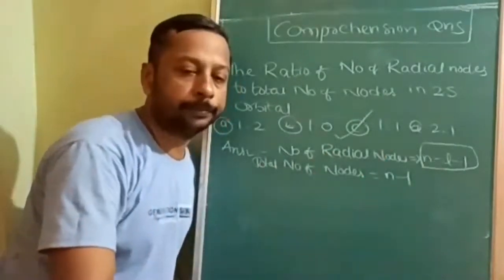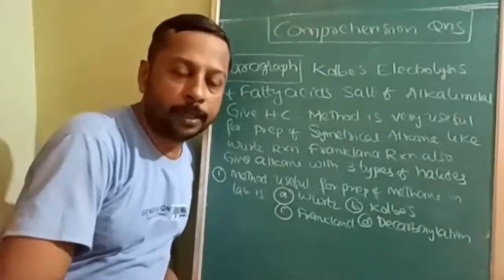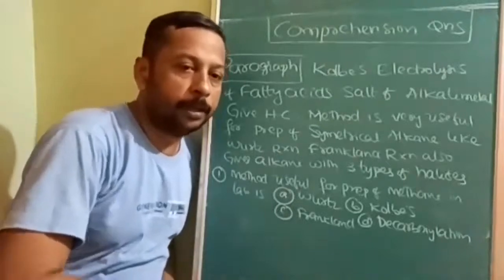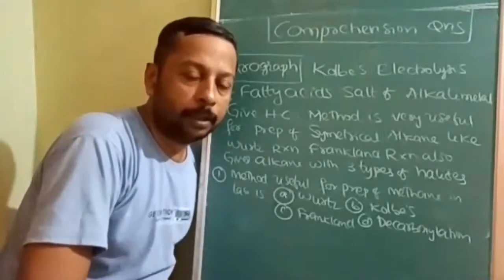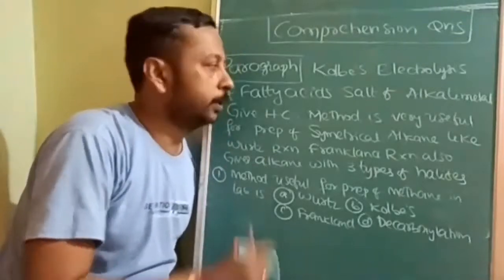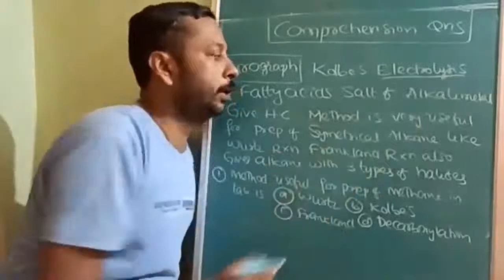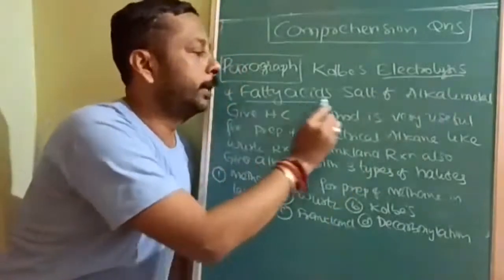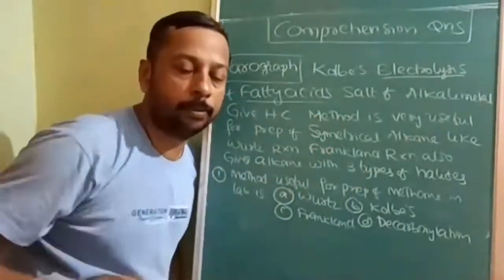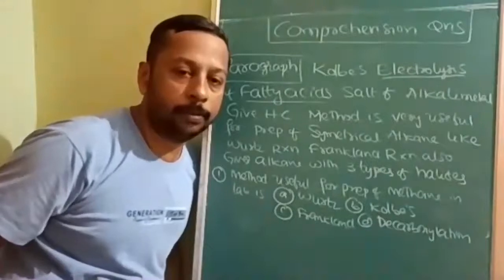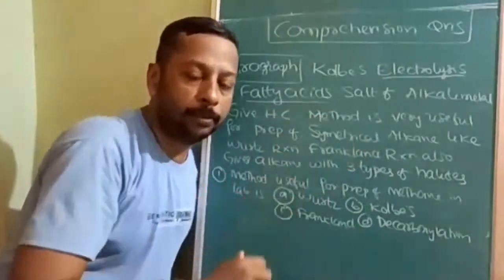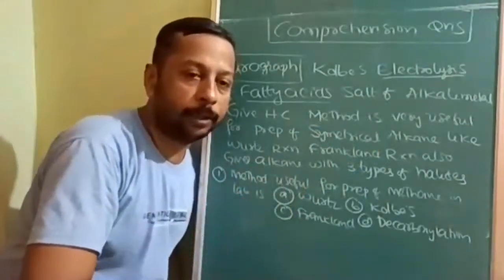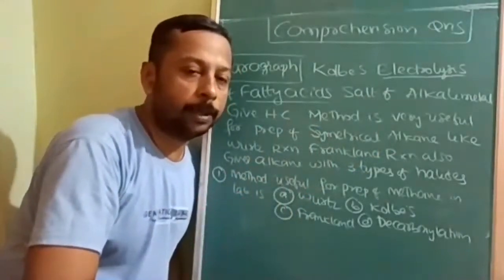Now we have started with a paragraph. On the basis of this paragraph, we are going to do some questions. The paragraph is Kolbe's electrolysis. If you are carrying out electrolysis of fatty acids, RCOO, the salt of an alkali metal, you can have potassium or sodium, it gives a hydrocarbon.